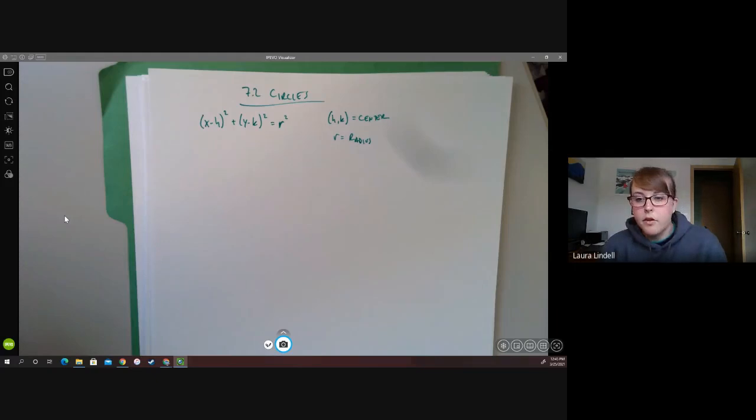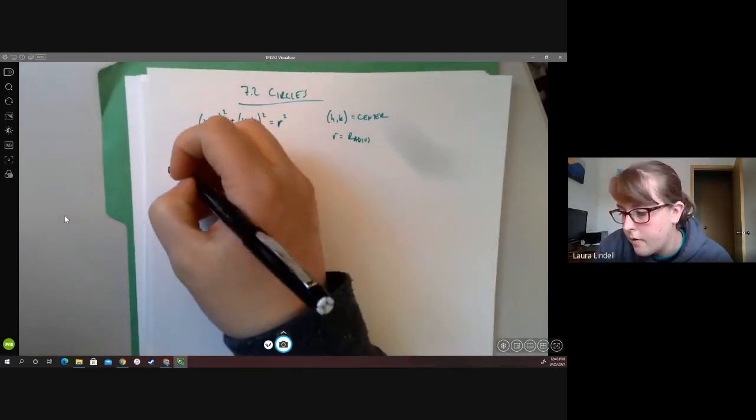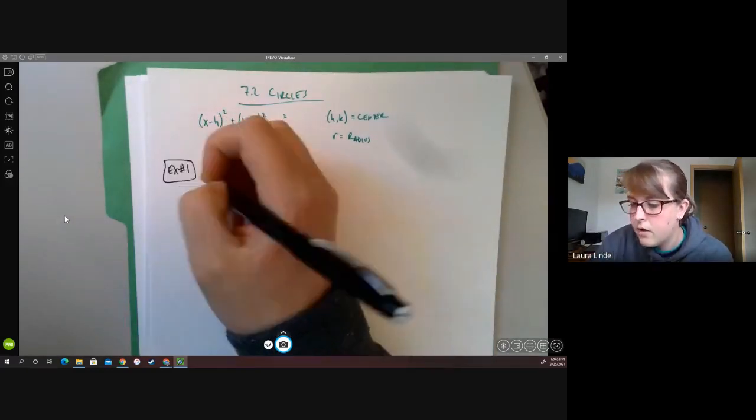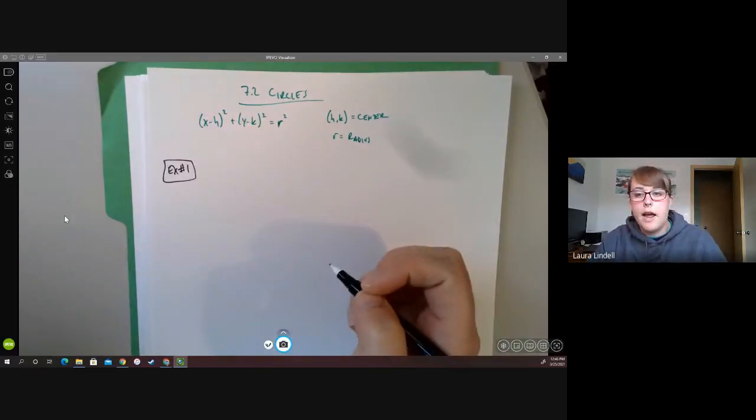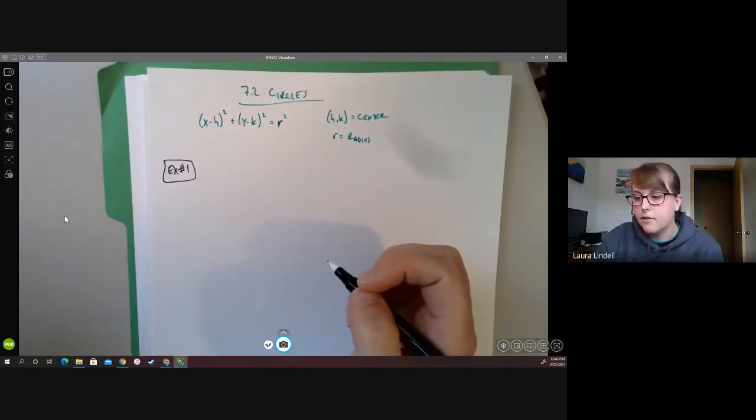Okay. So we could be given an equation like this and ask what is the center and what is the radius. We could be given a center and a radius and asked to write the equation. We could be given a graph and asked to write the equation. So let's start with where we're given an equation and asked about the characteristics.